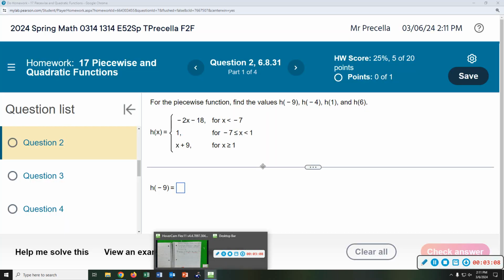And what's the last piece? This would be my blue piece. X plus 9 is what we use to get the y value for x values greater than or equal to 1. Oh, wait a minute, I messed up. On the red piece, there's not an equal sign, so switch right over there.